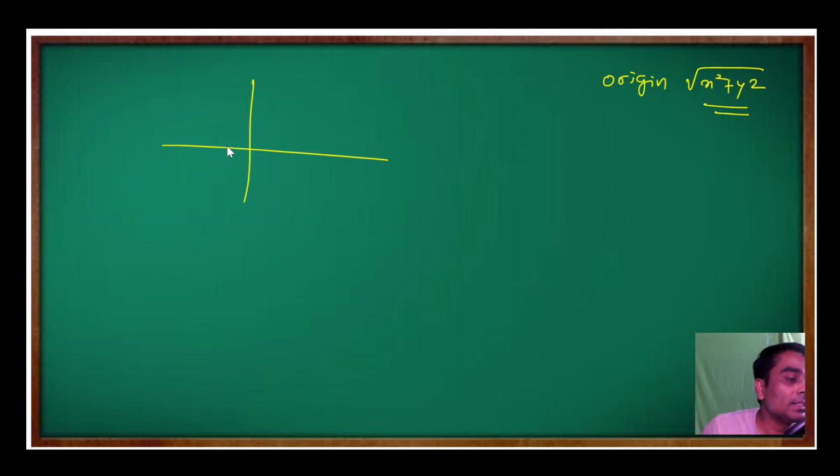So here the point minus 1 comma 7 from the x-axis. Minus 1 will be here, 7 will be here. So this will be your graph.